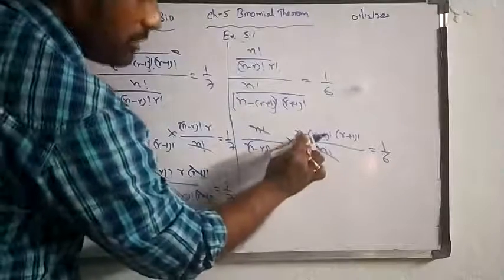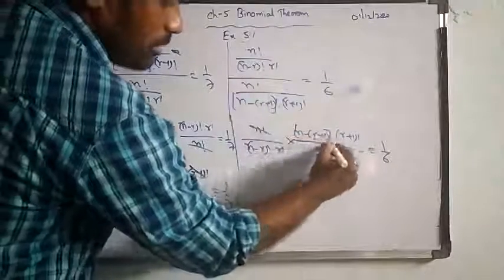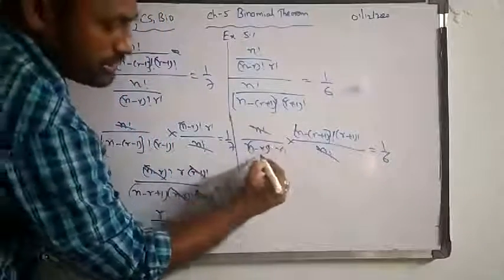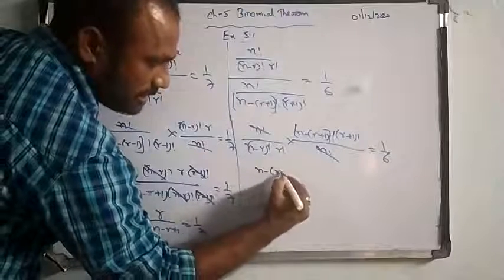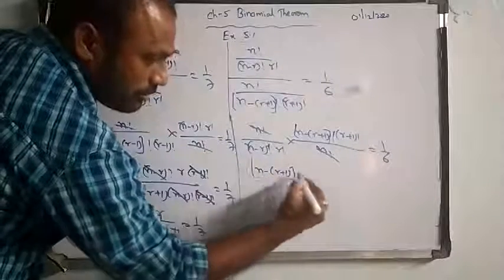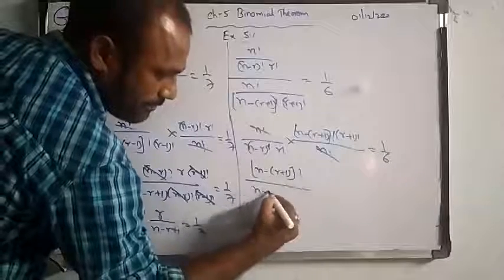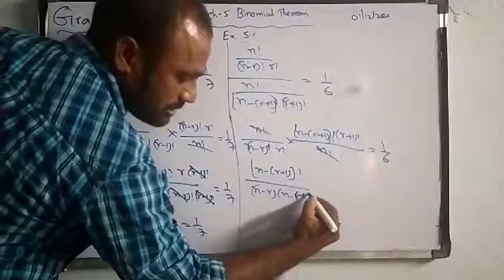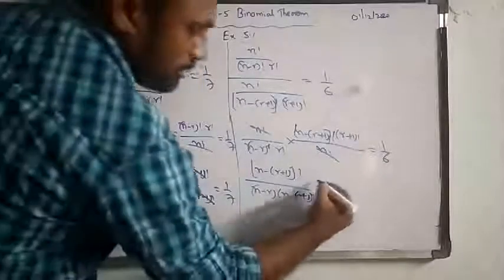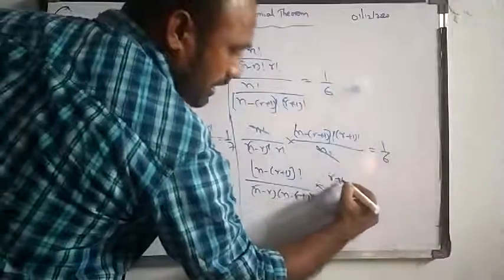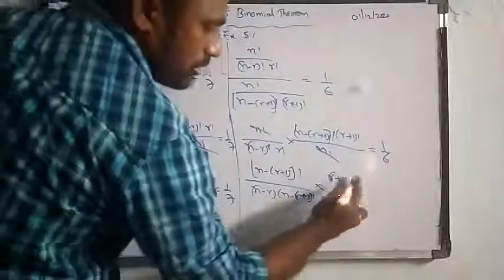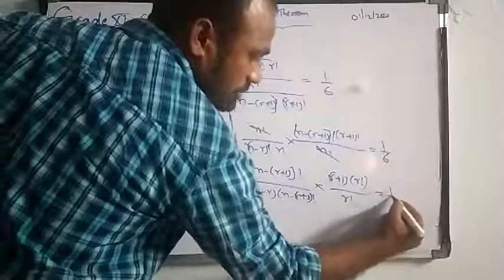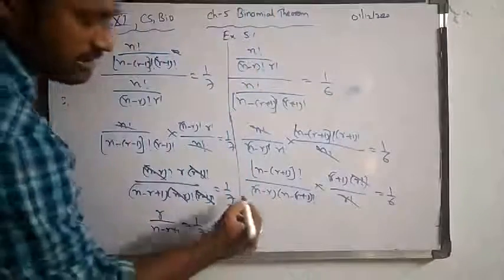Here also if you observe in these two, here r plus 1, here r factorial. So in these two, this one is the bigger term. So this can be written as (n minus r plus 1) factorial by (n minus r) into (n minus r minus 1), that is, it can be taken in brackets, (r plus 1) factorial into r factorial divided by r factorial is equal to 1 by 6. r factorial gets cancelled.